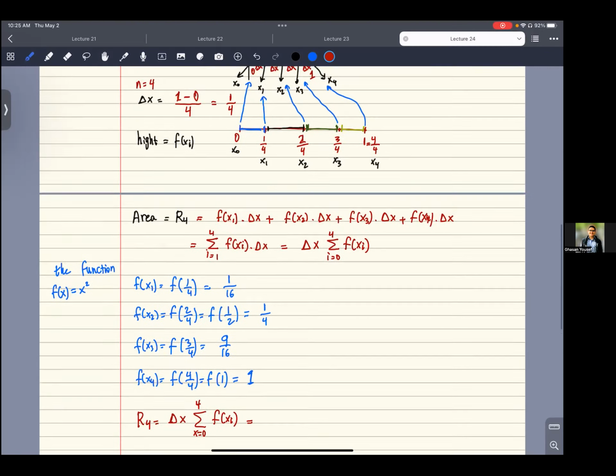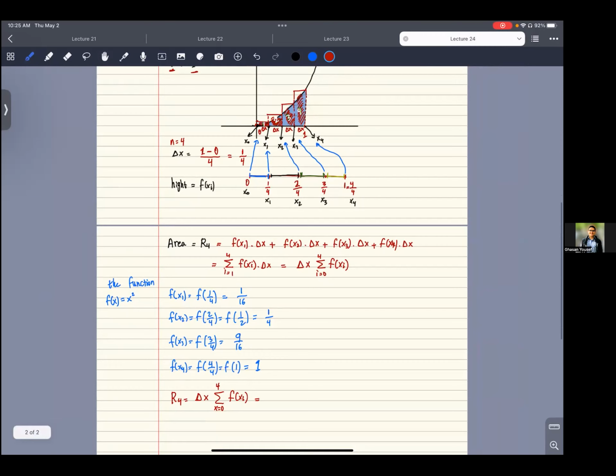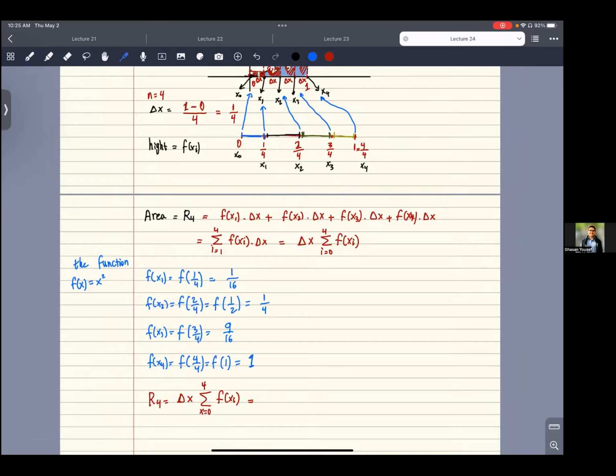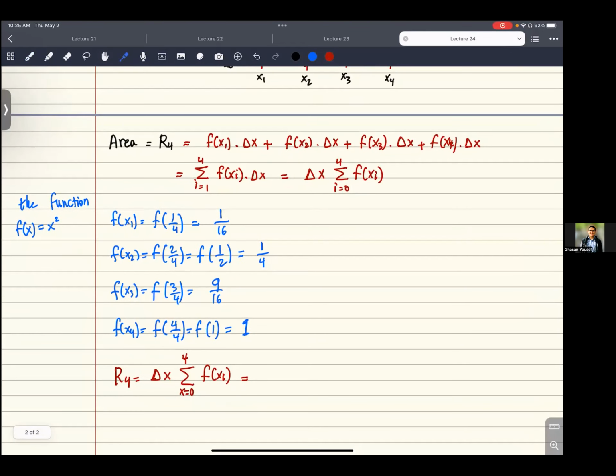What is delta x again? It's 1/4. This is a constant. This is the weight for all of them. Okay? Kenneth, he said 15/16. Let's see. So delta x here is 1/4.